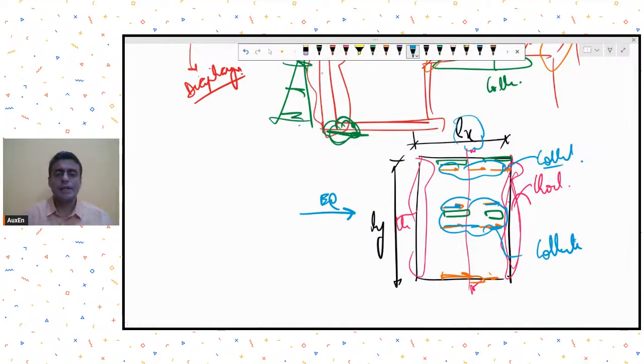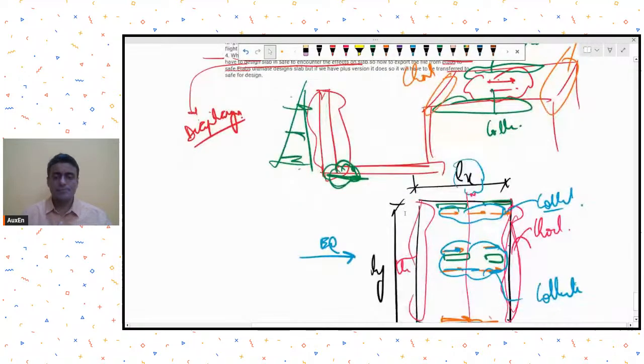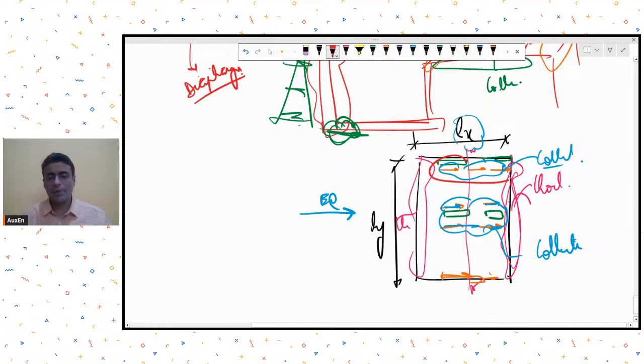So when you are designing a slab for lateral forces, that is his question, you need to be careful about these issues, and accordingly you need to design these zones so that the lateral load transfer from slab to vertical element takes place effectively and safely.